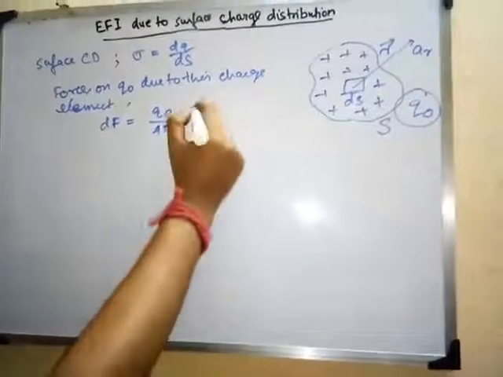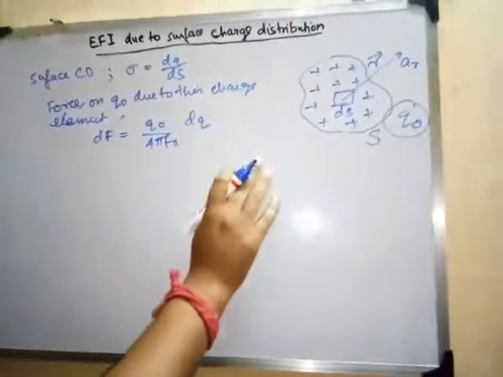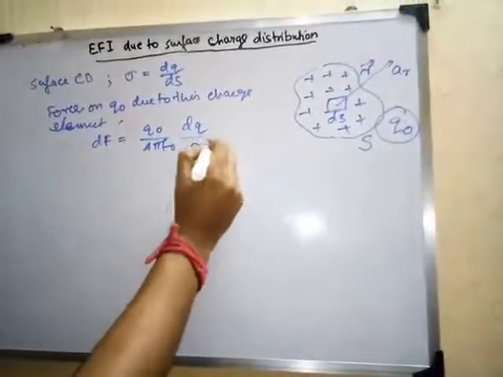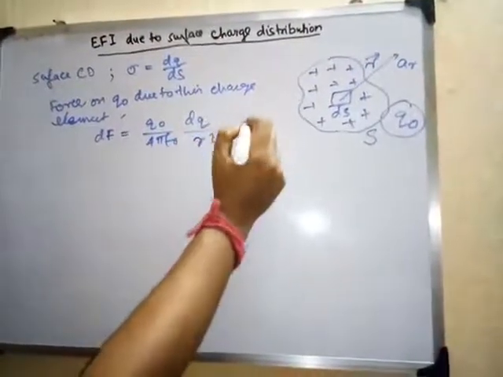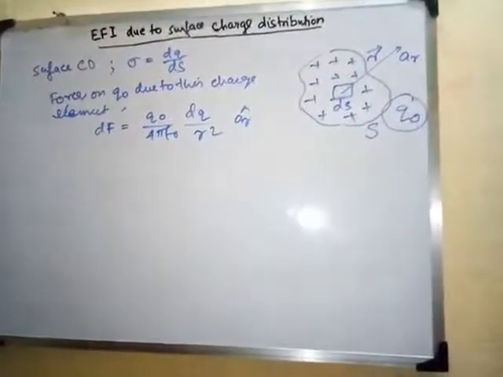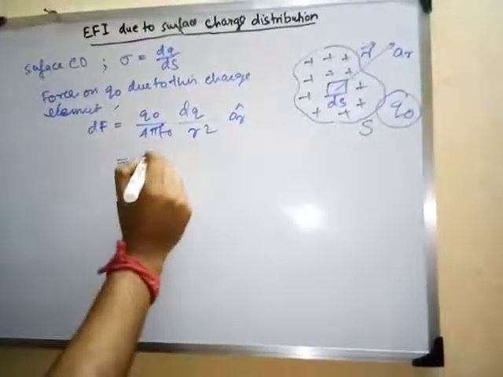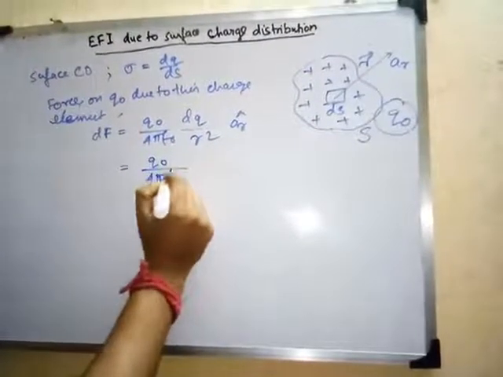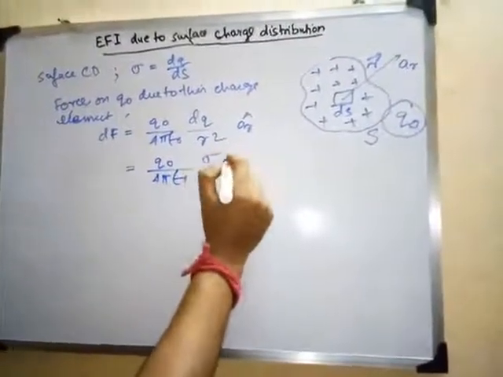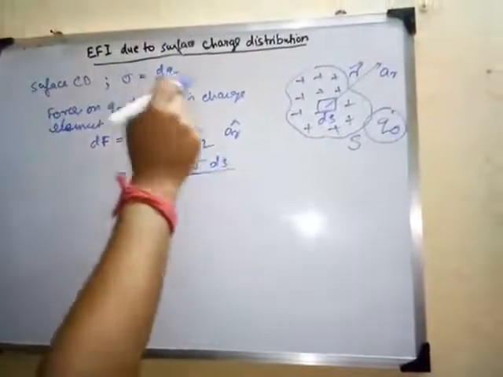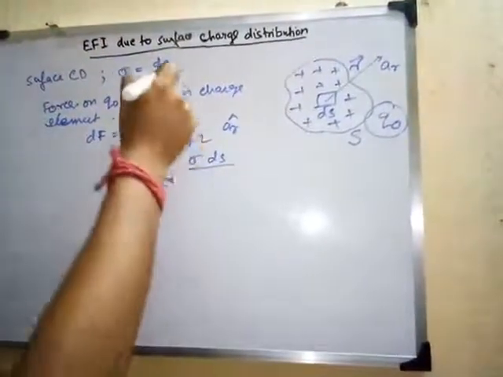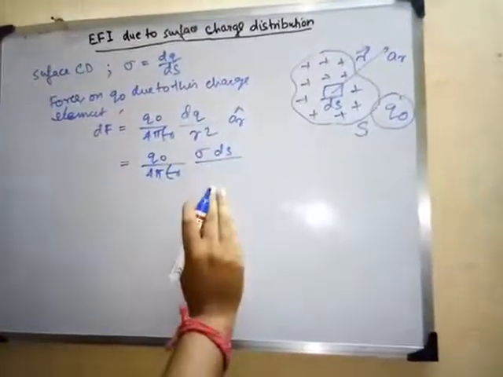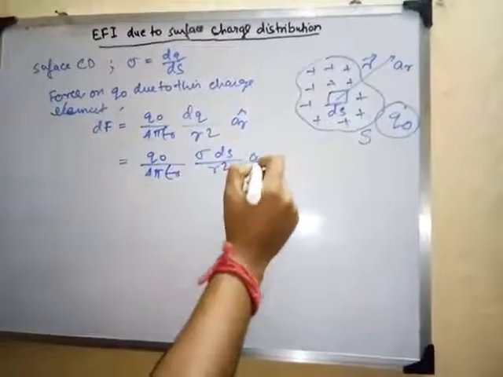The small amount of charge, let's say dq like before, is separated by distance r, and here aR is the unit vector. So from here we arrive at Q naught by 4 pi epsilon naught, and we are simply putting the value of sigma ds, since sigma ds is your dq, so I'm writing it in place of dq: sigma ds by r square aR.